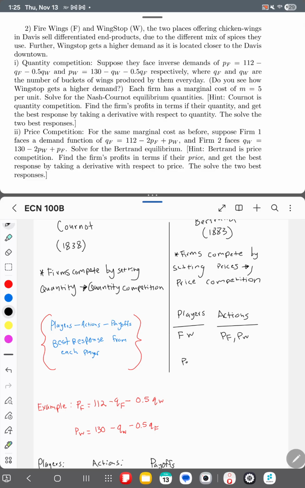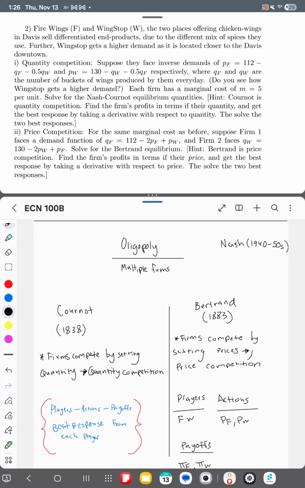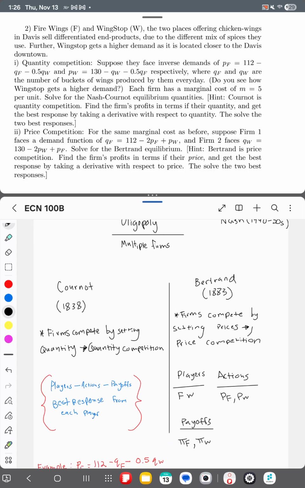So the only thing that really changes from Cournot to Bertrand is the fact that the actions that the firms want to take, instead of setting quantities, here firms are going to set prices. So how are we going to do this? What is going to change?